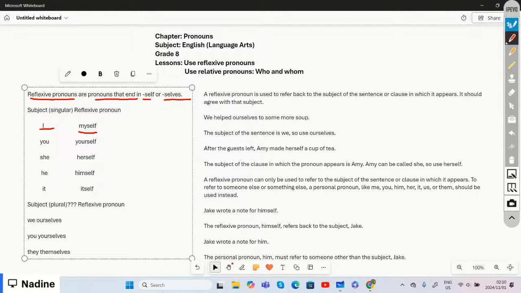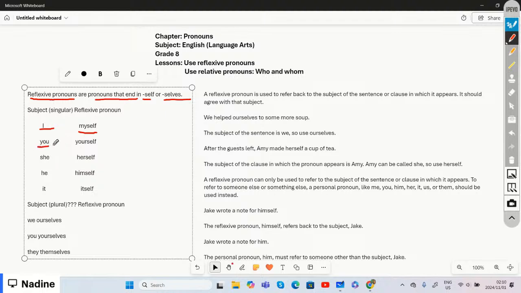So your subject and your reflexive pronoun should agree with one another. Myself refers to I. That is why I was making a random example by saying I myself, or I did it myself. That shows it's referring back to the subject.